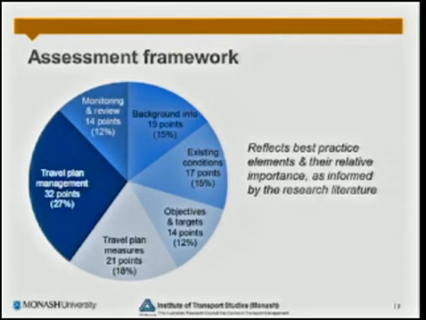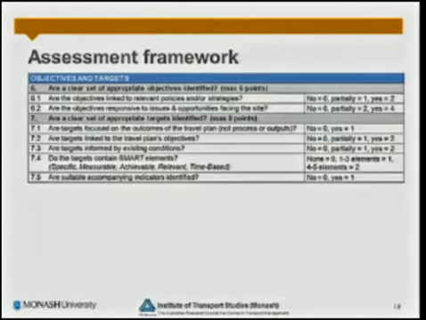Now, in the context of this presentation, I won't focus on all of those components. I want to just give you a feel for how we approach this assessment. And I'm going to do that in terms of these last two, the objectives and targets and the travel plan measures. So for each of those categories, there were a number of characteristics that the assessor needed to look for, and we assigned a certain number of points depending on how well the travel plan met each of those criteria.